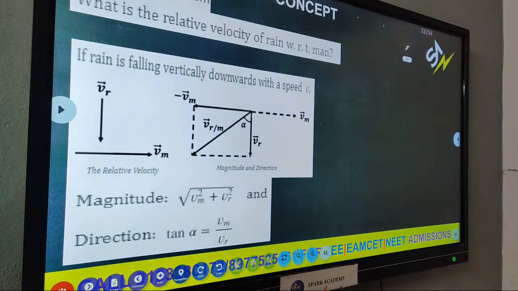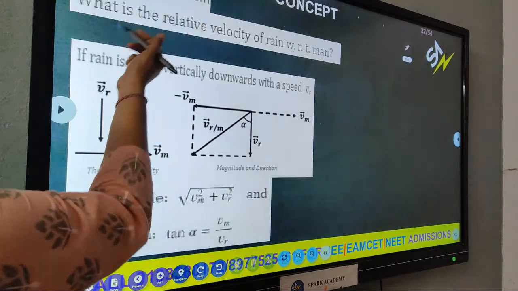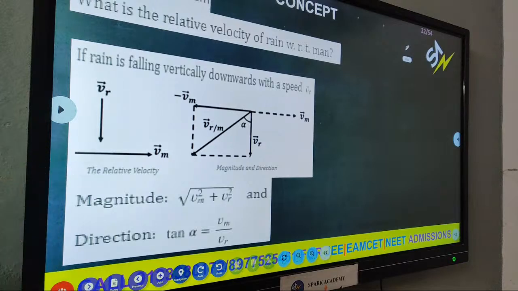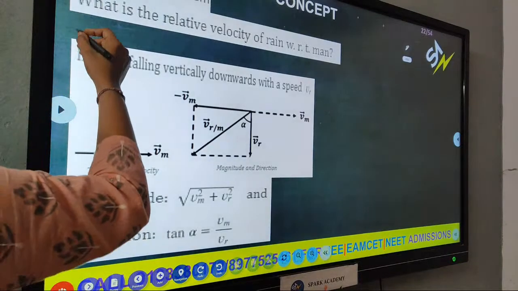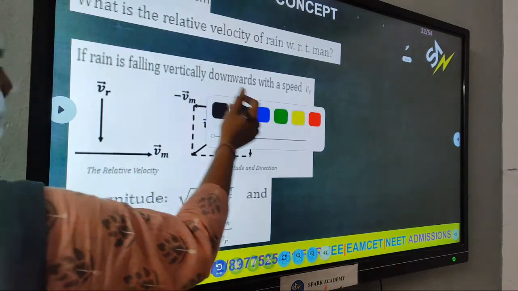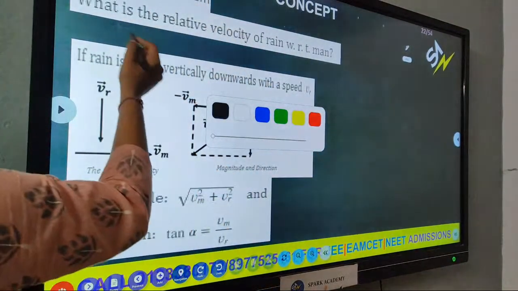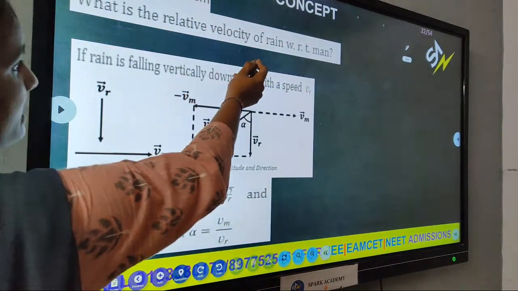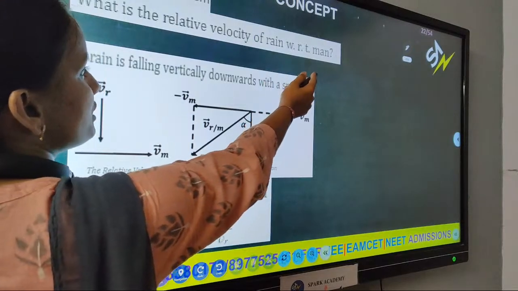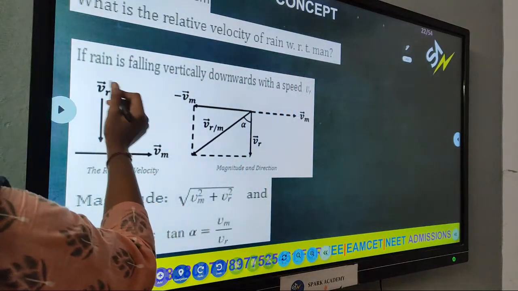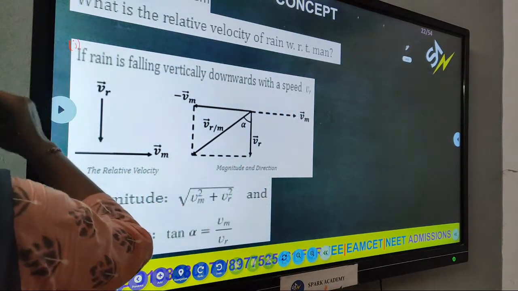And our next concept is the rain man problem, the rain umbrella concept, one more example of relative motion in 2 dimensions. Mainly we have to find the relative velocity, what will be the relative velocity of rain with respect to the man. This is the first case.